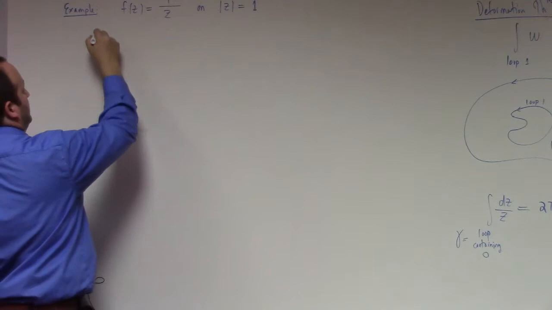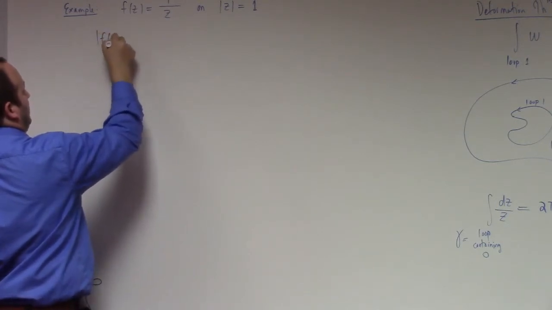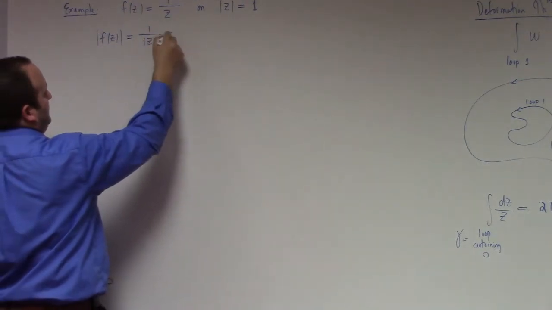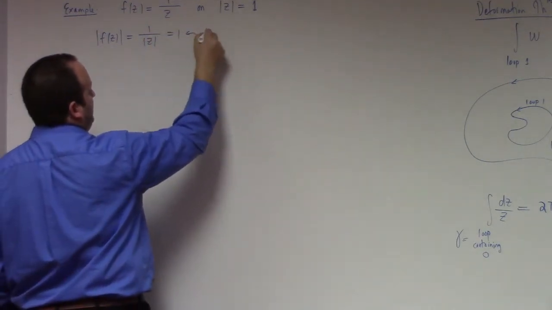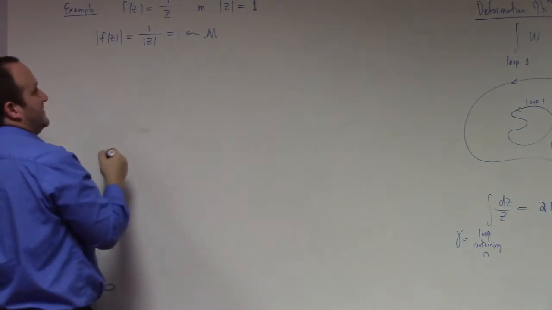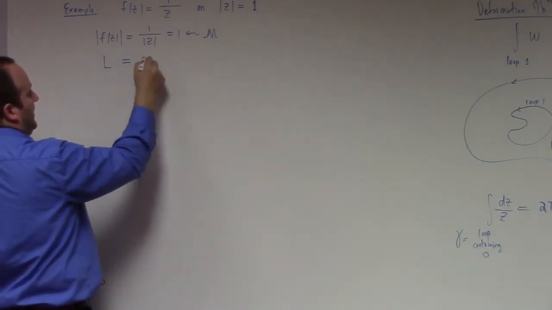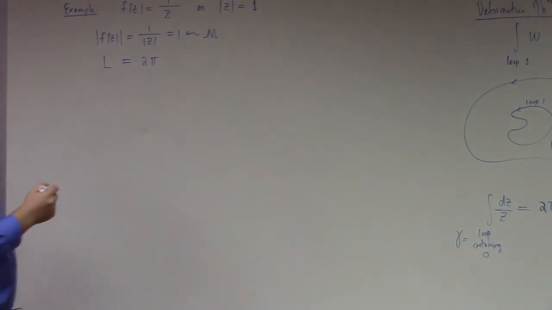What would M be? You could find M pretty easily here. What's the modulus of f of z? 1 over the modulus of z is equal to 1. So certainly you can use this for M. What's the length? Well, the length is 2 pi for the unit circle.